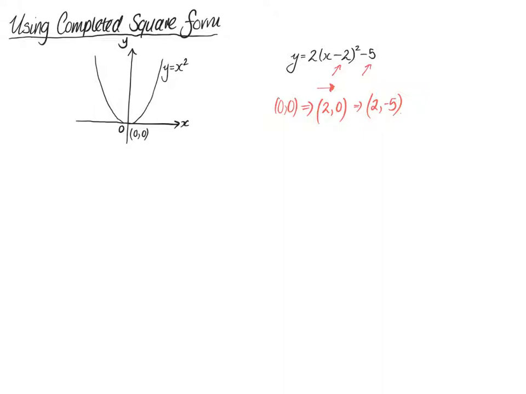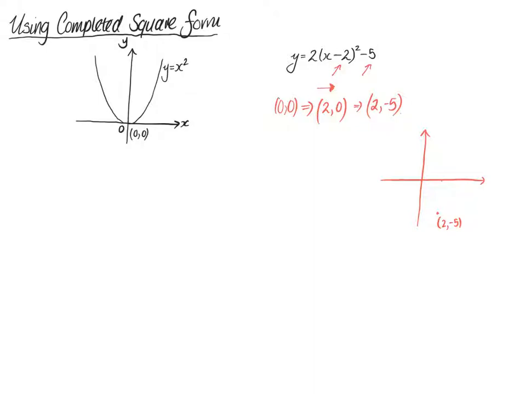And then we can now sketch the graph that has changed. And what has happened is it's gone along 2, down 5, and our graph has now been transformed into another one. So we know that our turning point has got to be there, 2, minus 5.